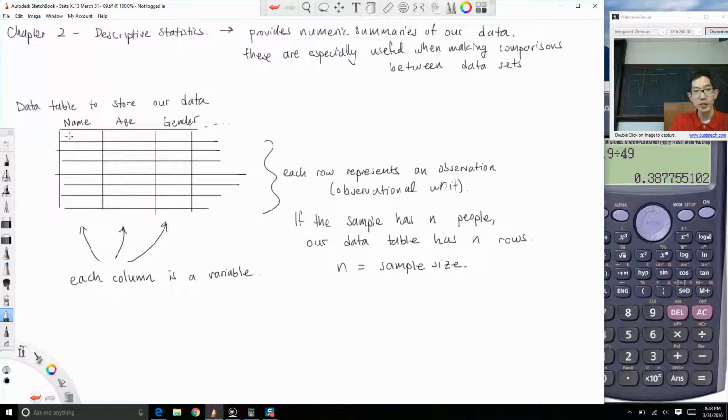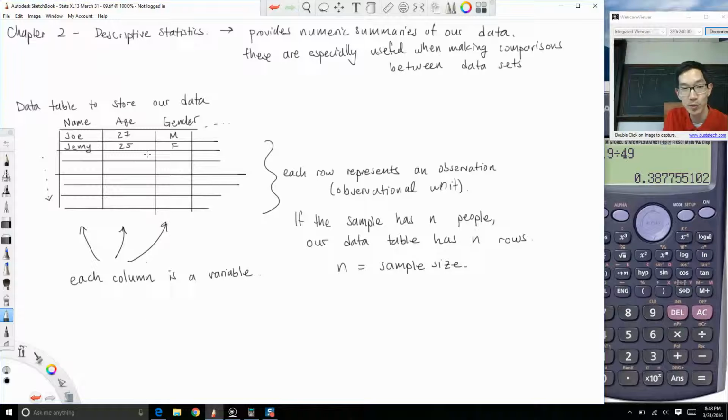Then maybe we have Joe, who is 27 and male, and we have Jenny, who is 25 and female. That's what we have, and we would have one row for every observation or observational unit, and each column is a variable.